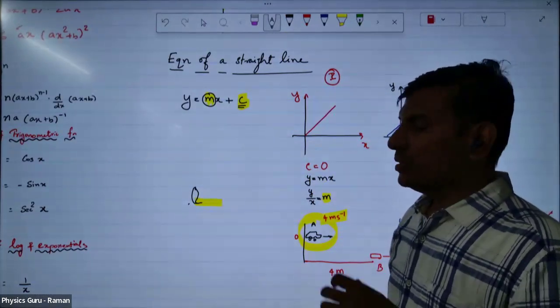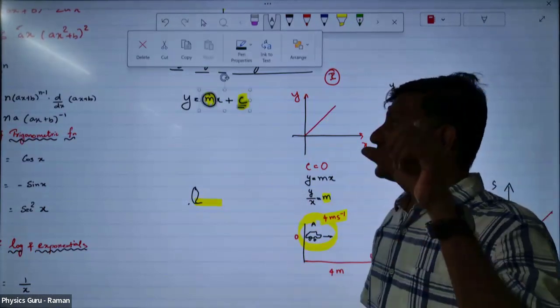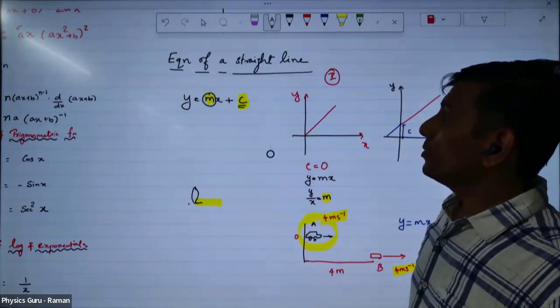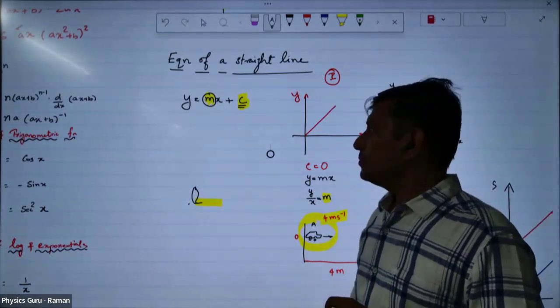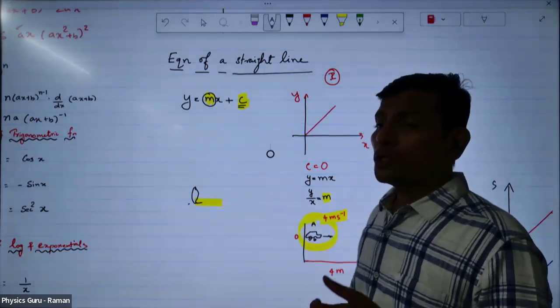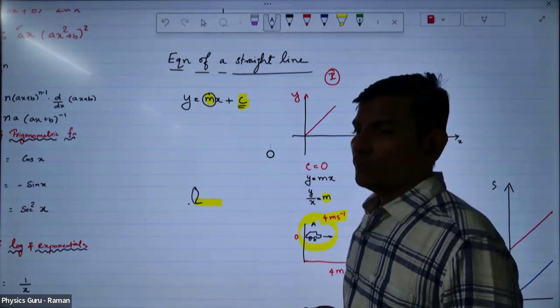In this equation, c is the quantity which we guessed before, the x-intercept or y-intercept, and m is the slope. M is the slope. Got it?